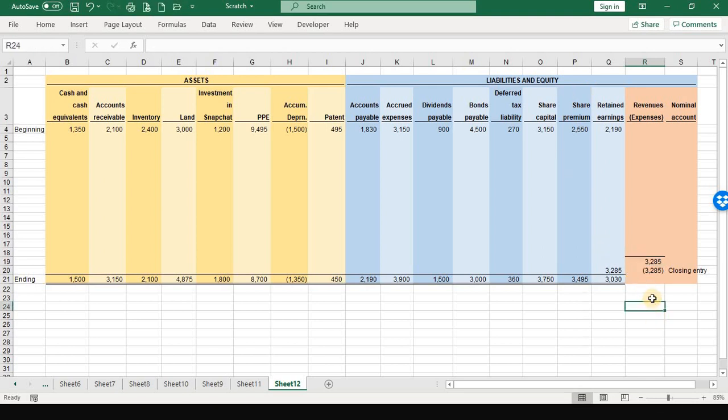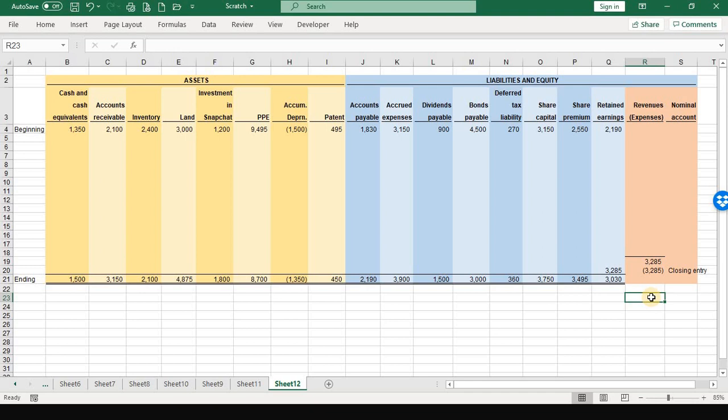After we include the net income, we will now determine the nominal accounts needed to adjust the net income of 3,285. And those nominal accounts are the nominal accounts related to investing and financing activities. Again, since we have no income statement available in our problem, we cannot determine the nominal accounts related to investing and financing activities.